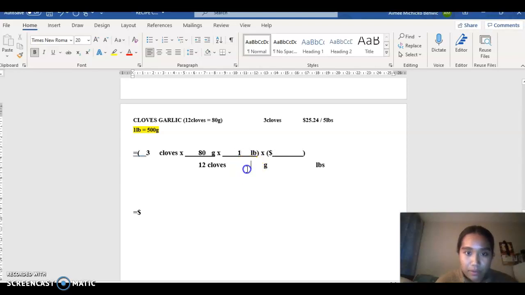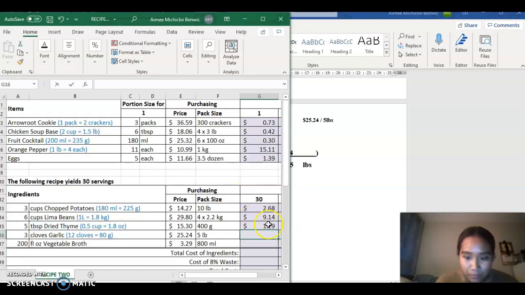So since they're the same unit, we can move forward. So we just copy the price of $25.24 per 5 pounds, and that gives us 20 cents.